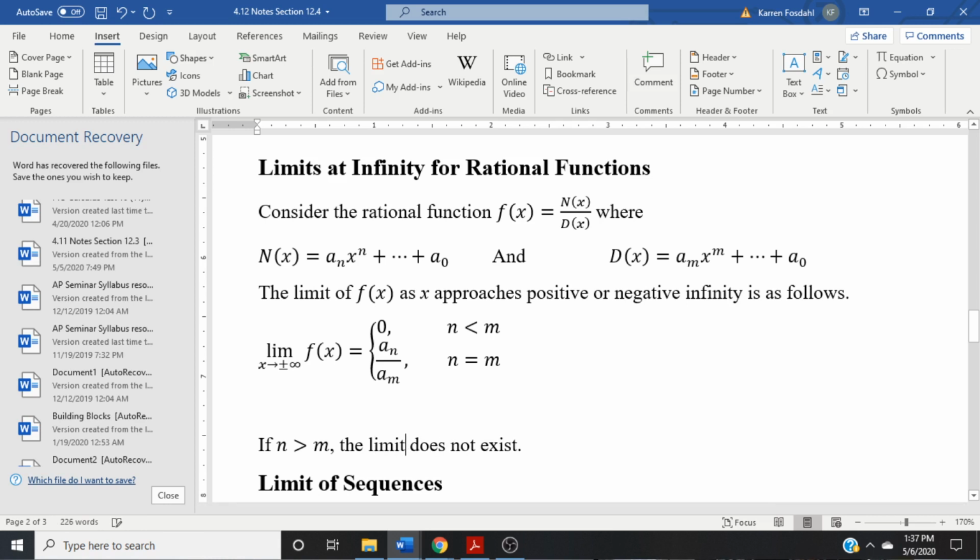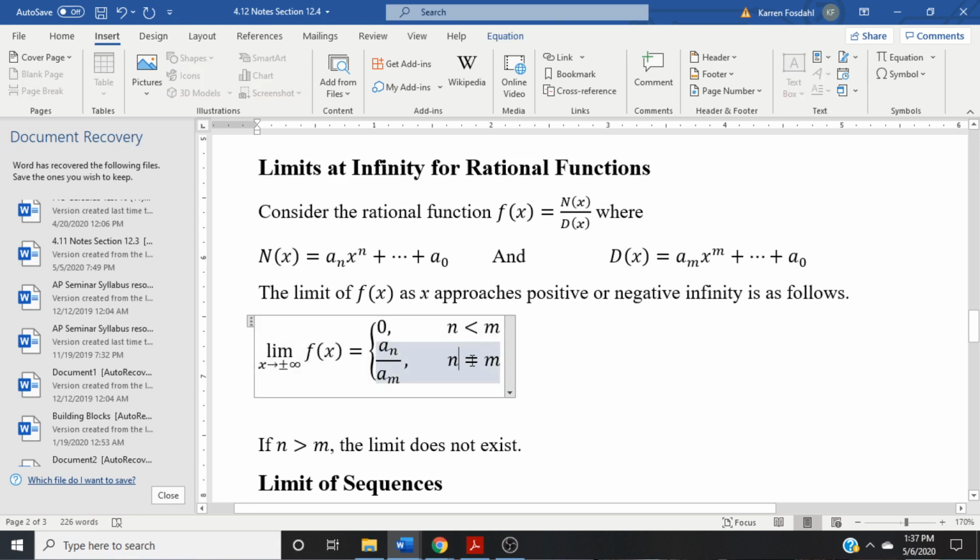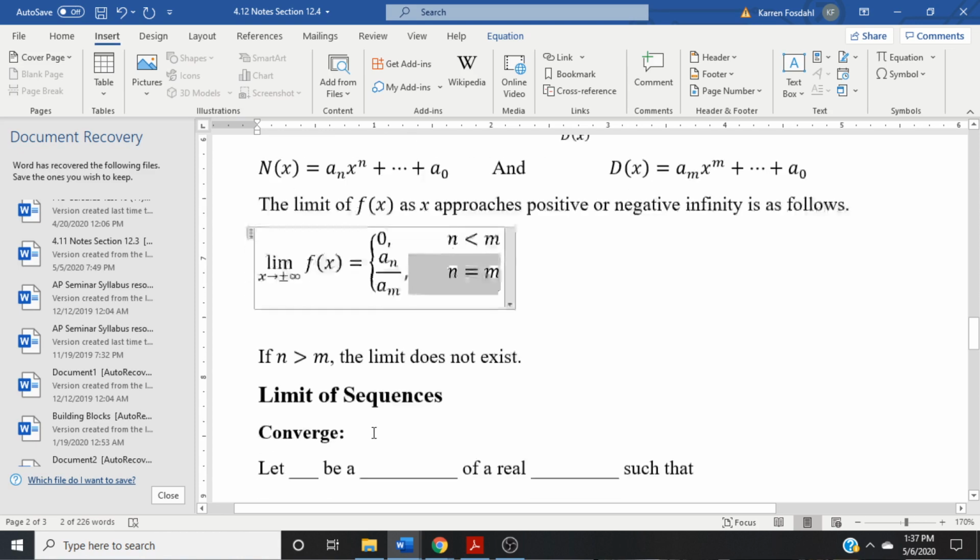That's a pattern. Greater denominator tends to 0. Equal denominator and numerator, you look at coefficients. Numerator greater than denominator, the limit does not exist. Okay?